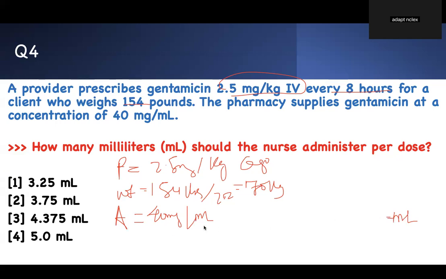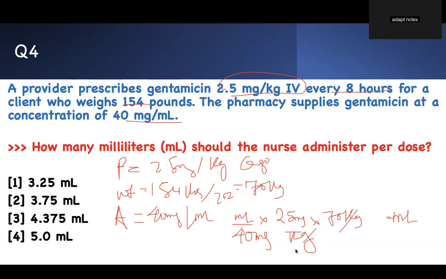So I need ml to be on top. Same thing. This one, we have 40 milligram per ml. That means 1 ml is equal to 40 milligram. You flip it. Now, I got to get rid of what is the prescription? 2.5 milligram per kilo, right? That's been given every 8 hours. And I know the patient weighs 70 kilos.